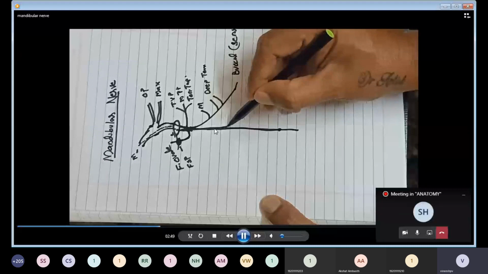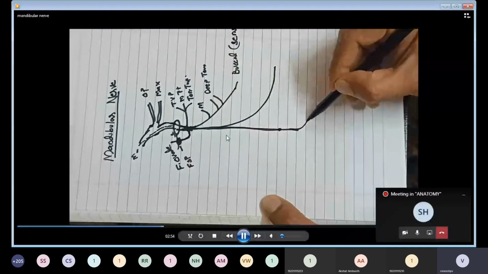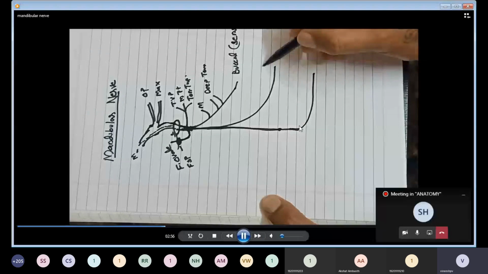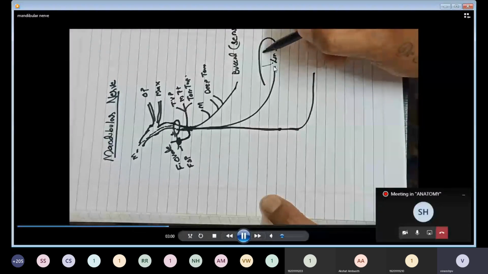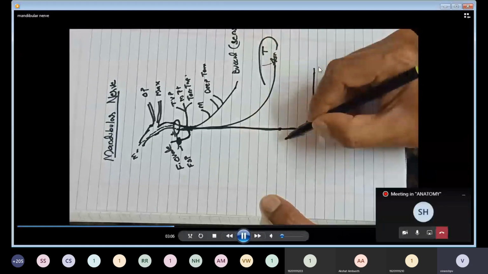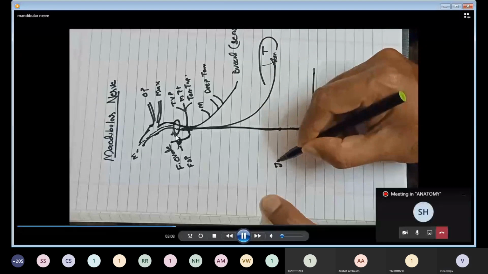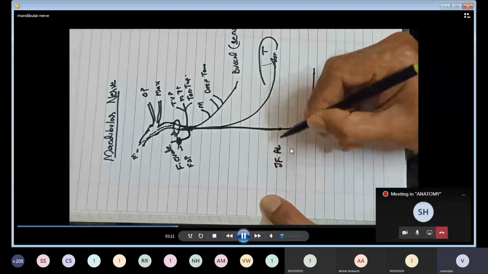Fine. Now the posterior division immediately divides into the lingual nerve and the inferior alveolar nerve. This is the lingual nerve, and it supplies the anterior 2/3 of the tongue. Now this is the inferior alveolar nerve.